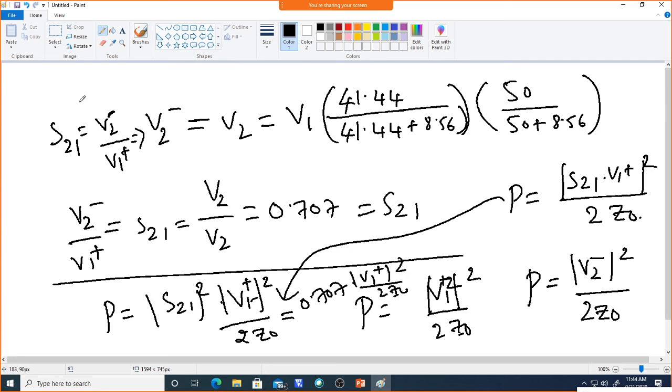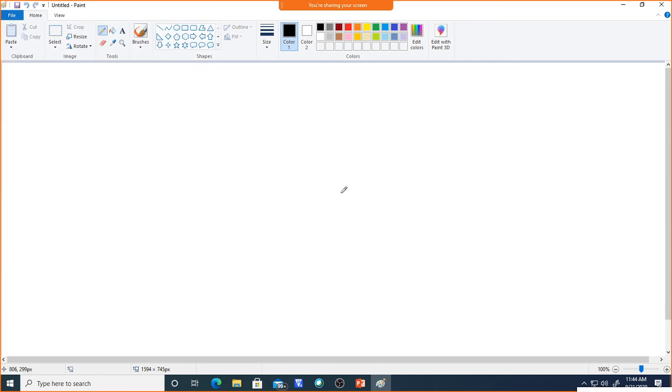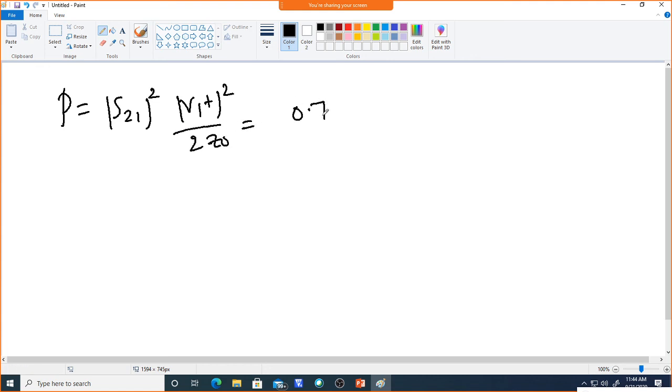Now what is the power value? The power value is equal to S21 squared times V1 plus squared by 2Z0, which is 0.707 squared into V1 plus squared by 2Z0. If you calculate this, how much do you get? It is giving half.